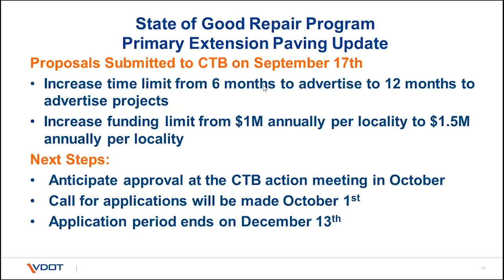Also, beginning this year, we're going to require a project cost estimate to be uploaded to the SMART portal. The application period ends December 17th at 5 p.m., and we ask that you please submit your application as early as you possibly can, so that any issues can be resolved prior to the deadline.